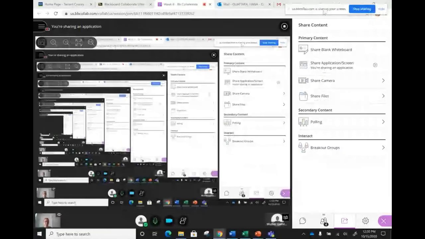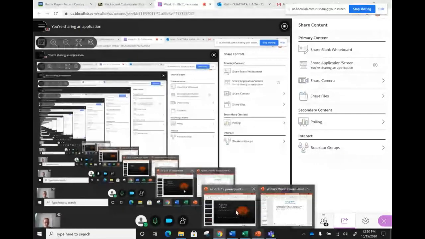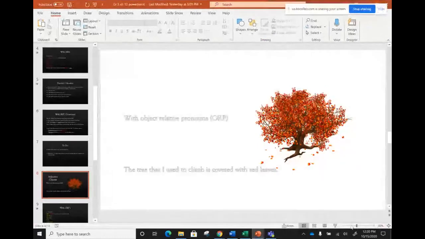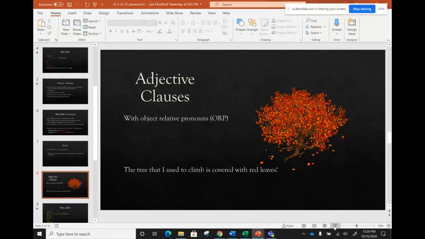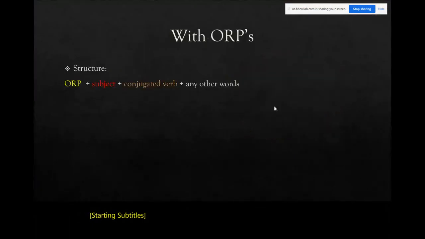Are you ready, guys? This is a challenging lesson today. Okay, look at page 324. You see the green box?